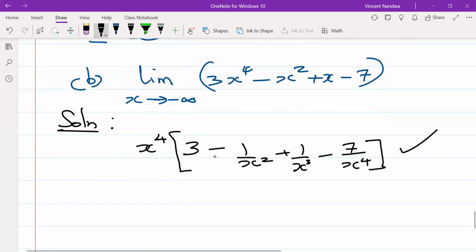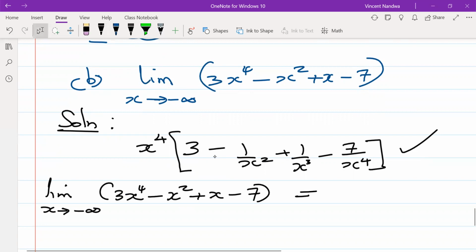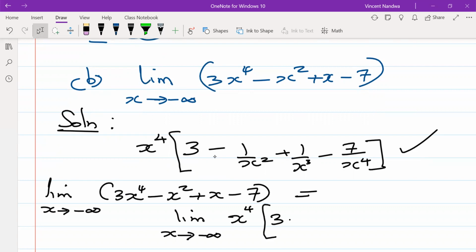Now you say the limit as x approaches minus infinity of 3x power 4 minus x squared plus x minus 7 is the same as the limit as x approaches minus infinity. Now you rewrite what we have written here: x power 4 into 3 minus 1 over x squared plus 1 over x power 3 minus 7 over x power 4.